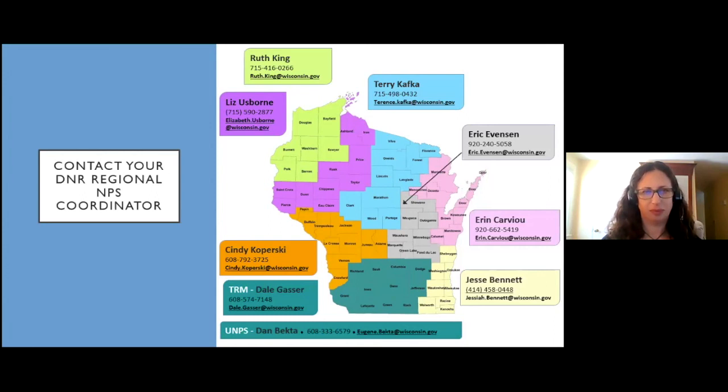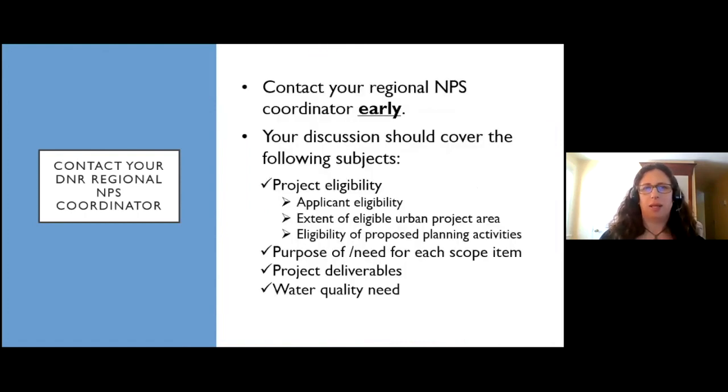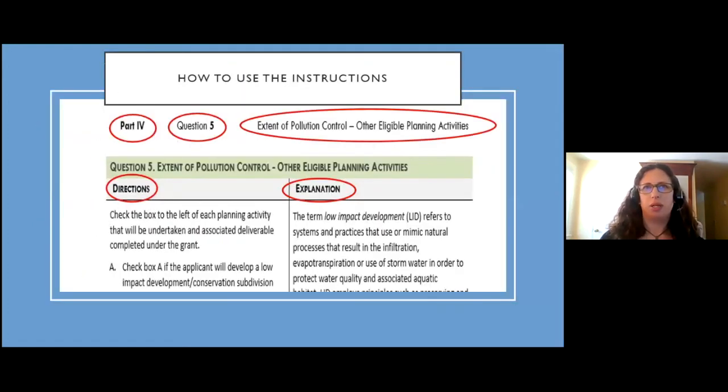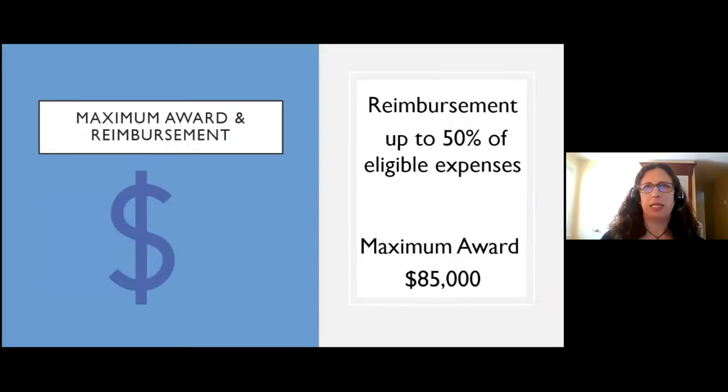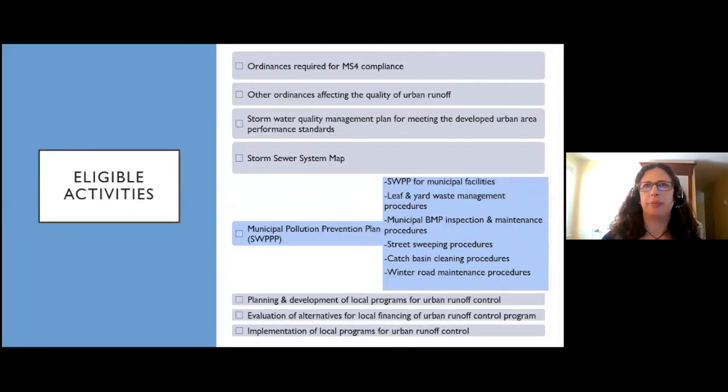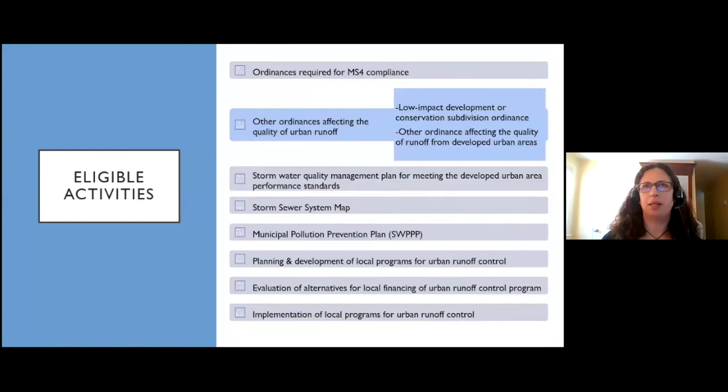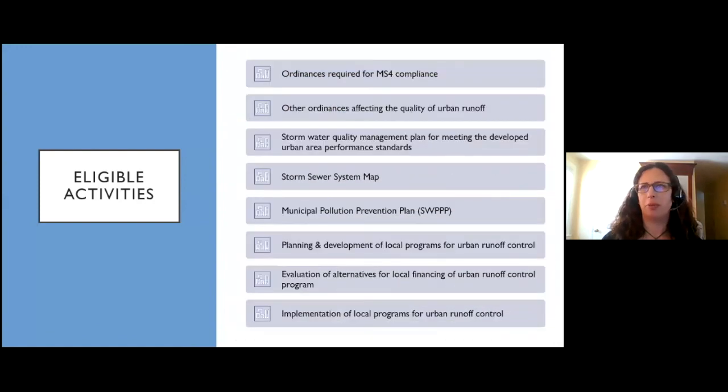Is a plan that will identify potential green infrastructure projects eligible? I'm going to just go to our eligible activities slide here, and then hopefully Amy or Susie can help with that.